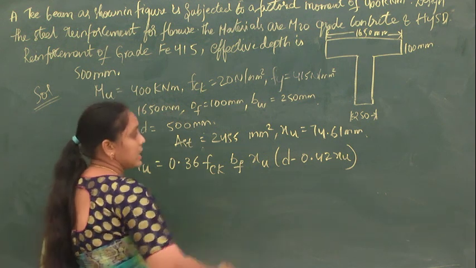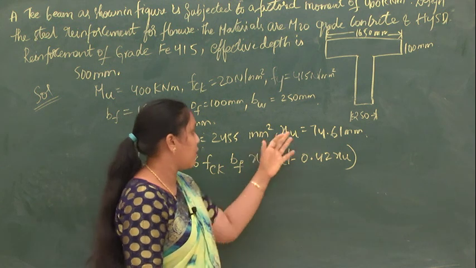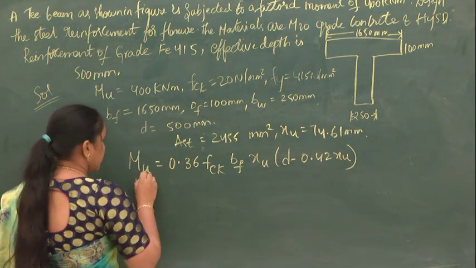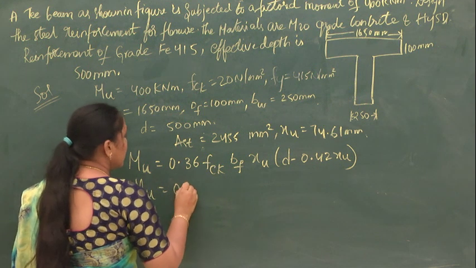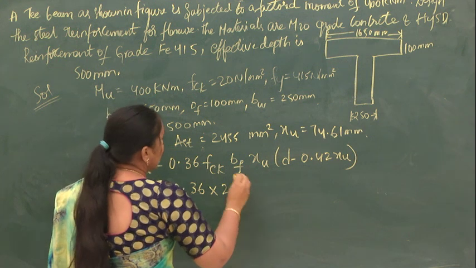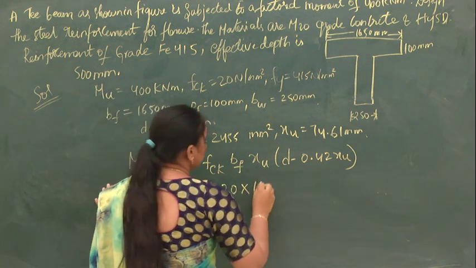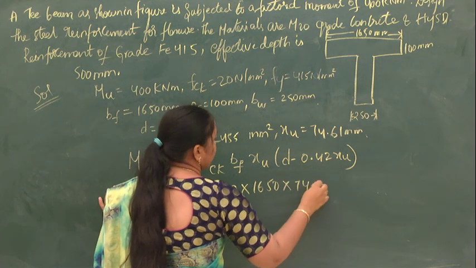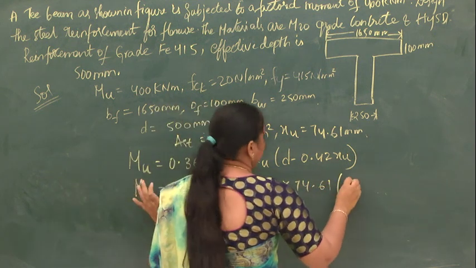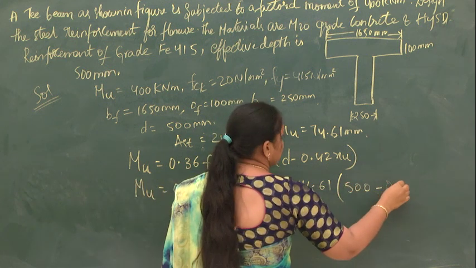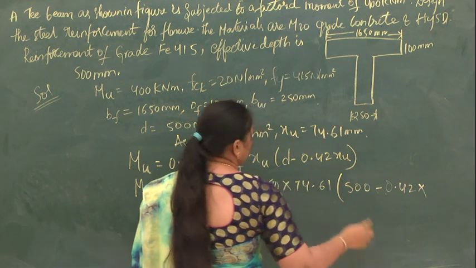So, as it is an under reinforced section, the value of XU has to be considered here. So, substitute all the values here, then the value of Mu is equal to 0.36 into FCK. How much is FCK here? It is 20. And BF, what is BF here? It is 1650. And XU, what is the value of XU? It is 74.61 mm. And D, how much is the value of D here? It is 500 minus 0.42 into XU.